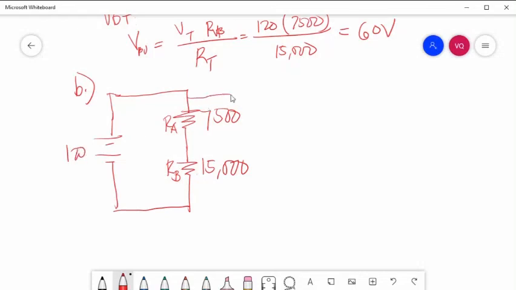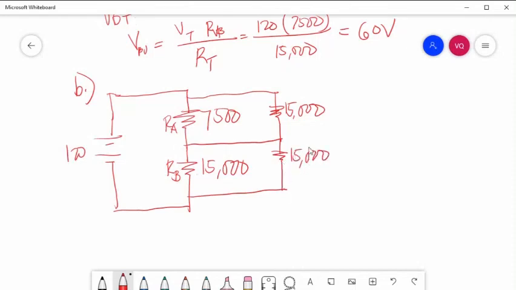And at the same time, we have a resistor here, which is 15,000. And at the same time, again, we have another 15,000 here. So, what will be the reading of your voltmeter EA and voltmeter EB?